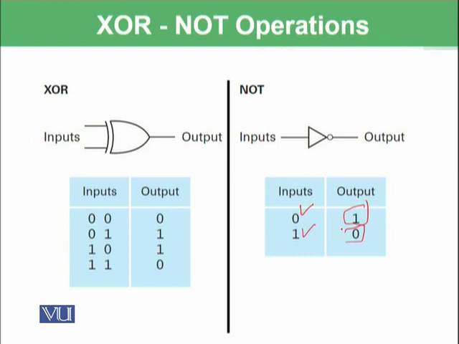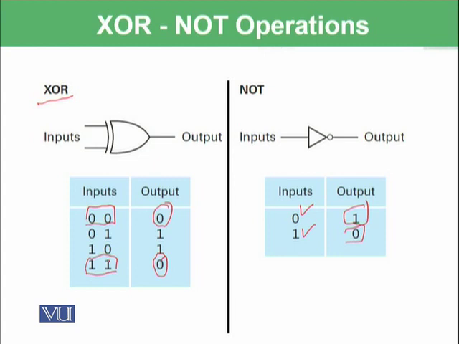And here is another interesting operation known as exclusive OR. In exclusive OR, it produces the output of 0 when both inputs are the same. So whether they are 0 or they are 1, it produces an output of 0.